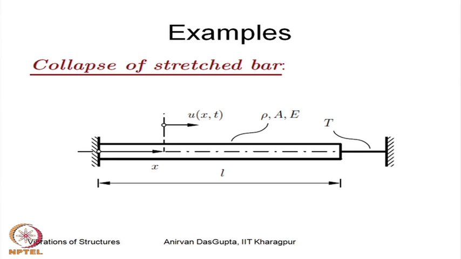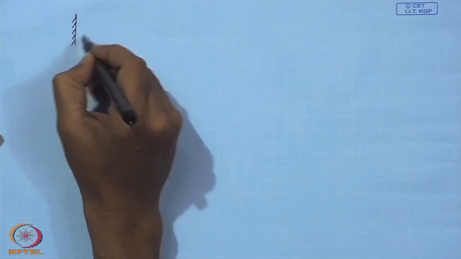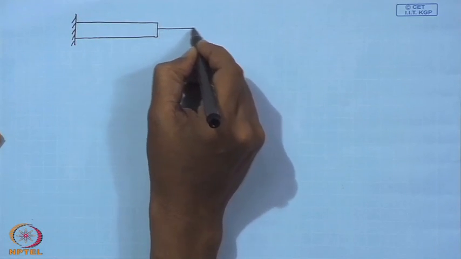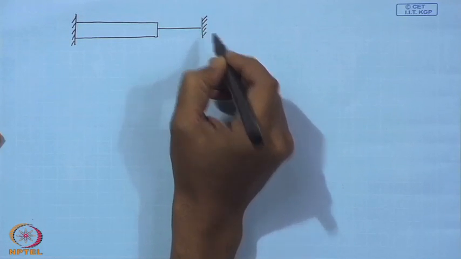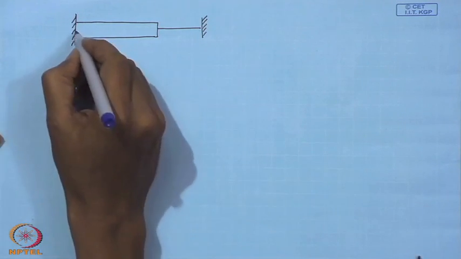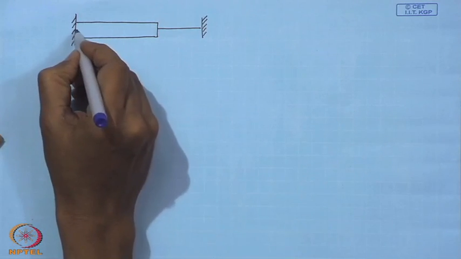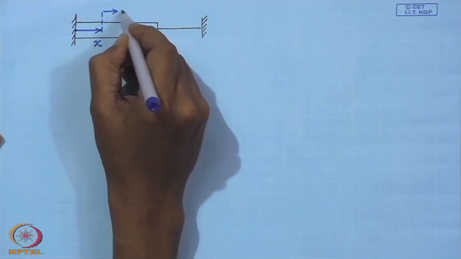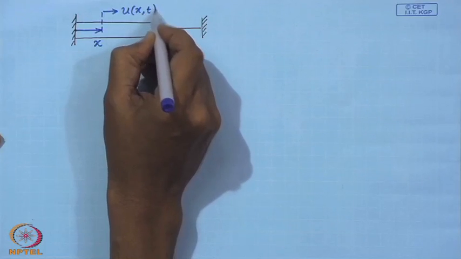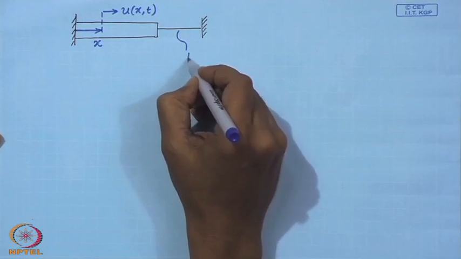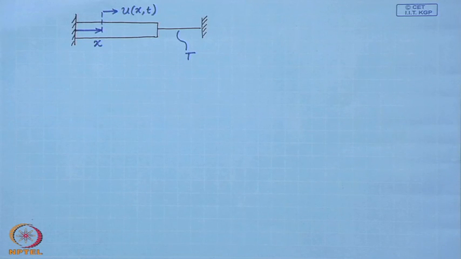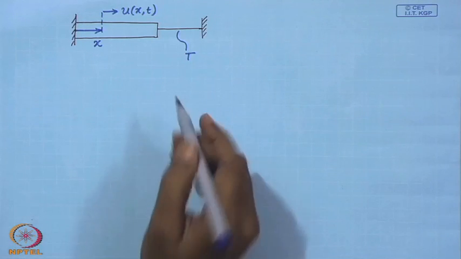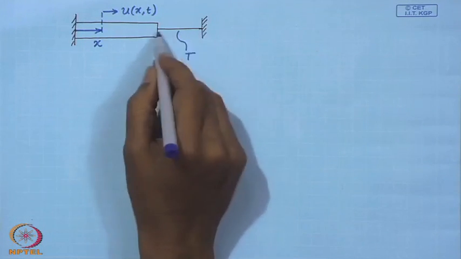So, what we have is a fixed-free bar which is under tension because of this string.